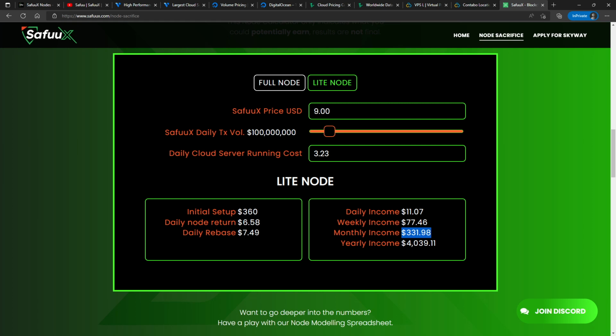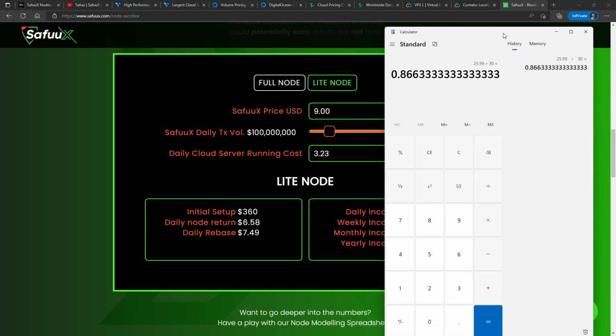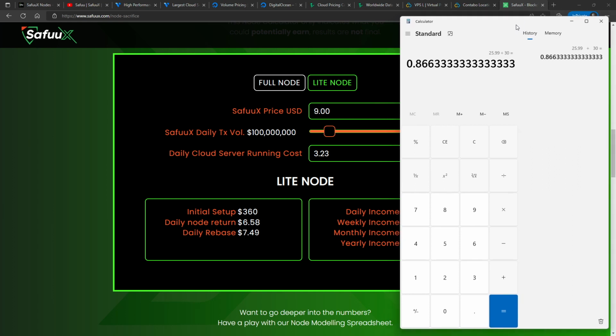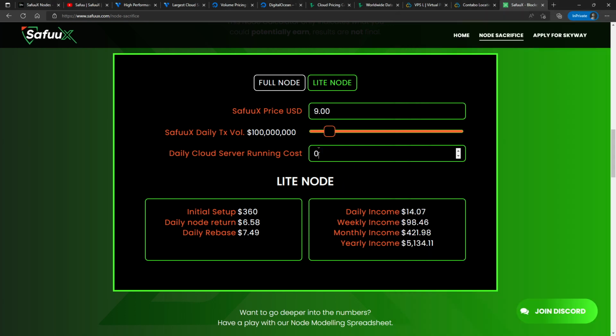So if we then look at, say, Contabo, which was our cheapest option that I have found so far, which was $25.99 divided by 30 gives us, let's say, 87 cents a day, and that gives us $422 monthly income.